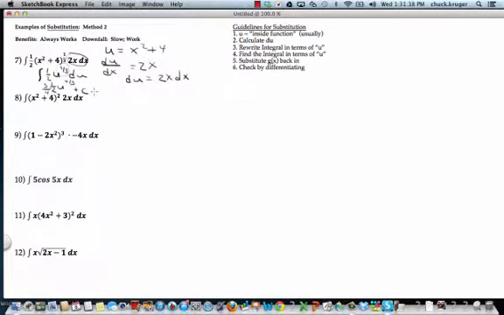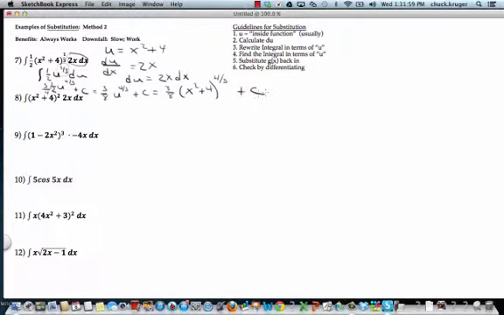So that's going to be the same as 3/8 u to the 4/3 plus c, which is the same as 3/8 times x squared plus 4 to the 4/3 power plus c.